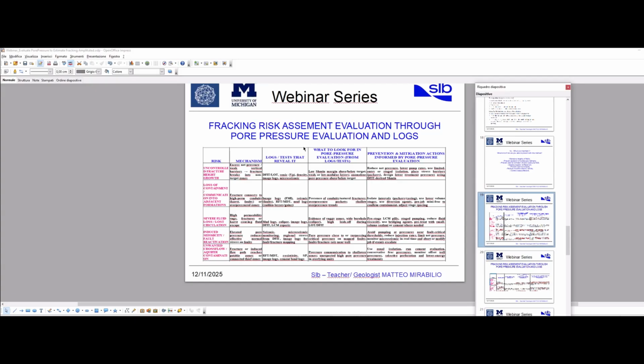Isolate intervals, packer and casing can be actual mitigation actions. Use low volume stages, use diversion agent, pre-job mini frac, like this.